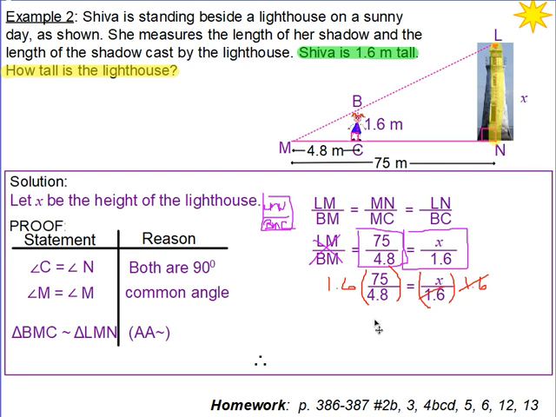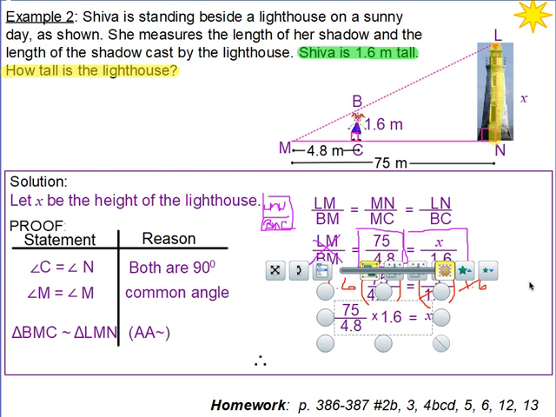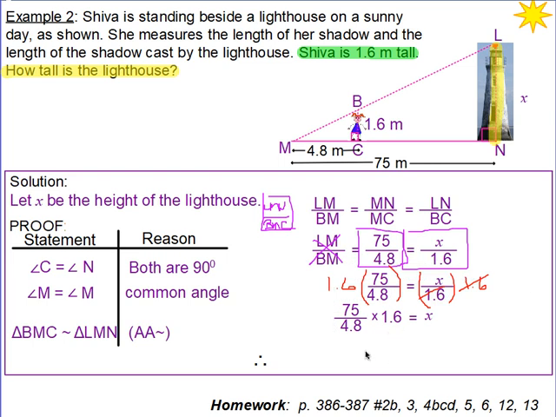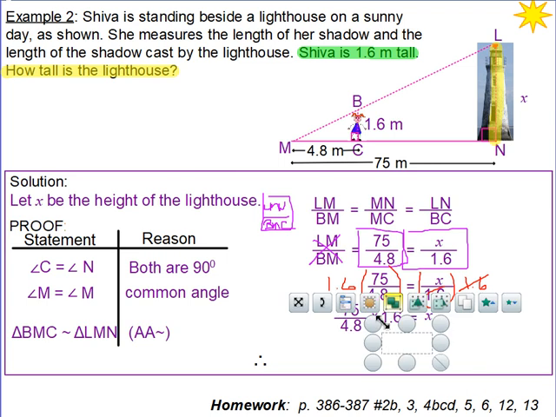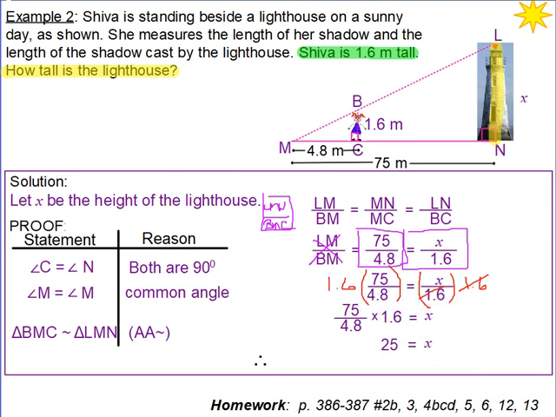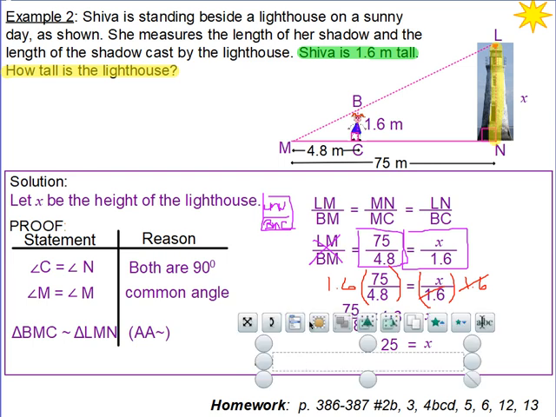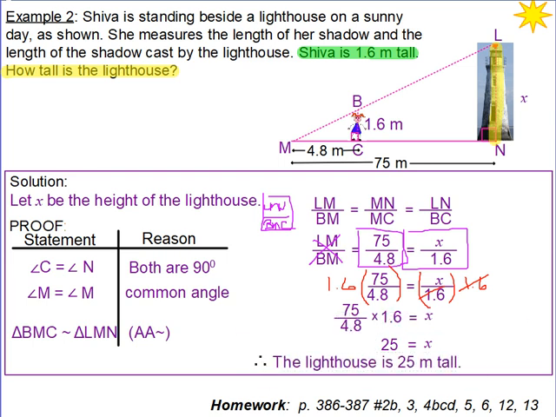If you start rounding in the middle here, you might not get the exact answer. So of course, you should have gotten exactly 25.0. So therefore, the lighthouse is 25 meters tall.